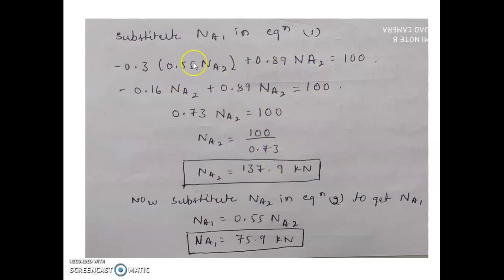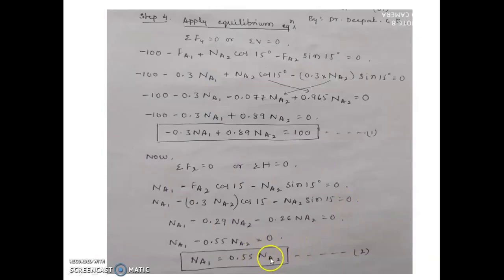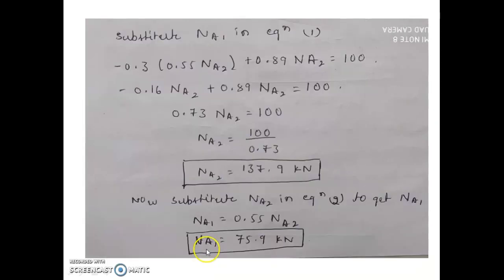Then the equation becomes like this: minus 0.3, this is mu, into Na1 value, plus 0.89 Na2 is equal to 100. After simplification, Na2 is 137.9 kilonewtons. Then if I substitute Na2 in equation 2, I will get Na1. Na1 works out to be 75.9 kilonewtons.